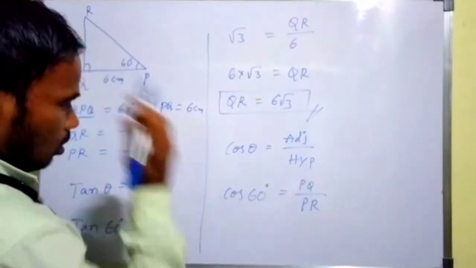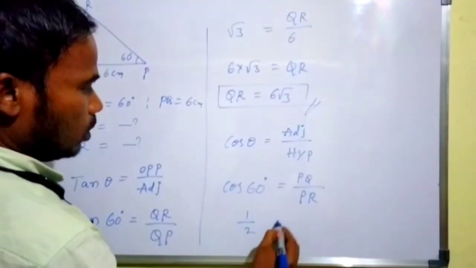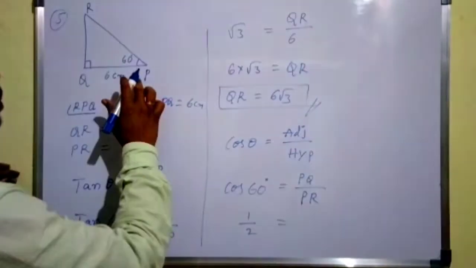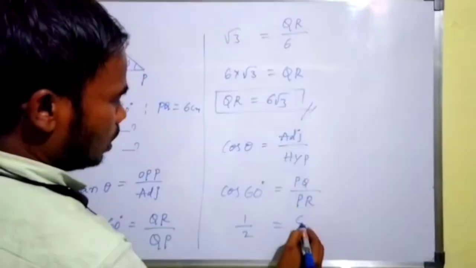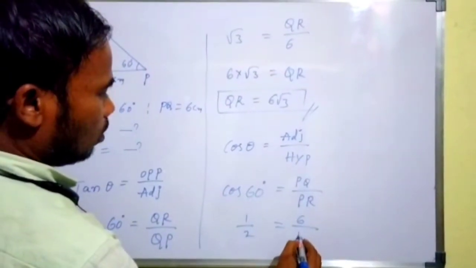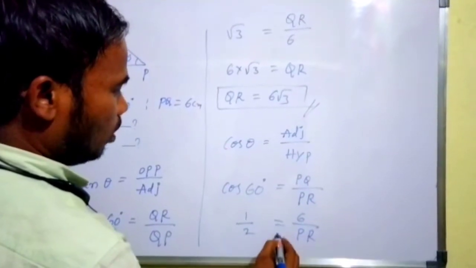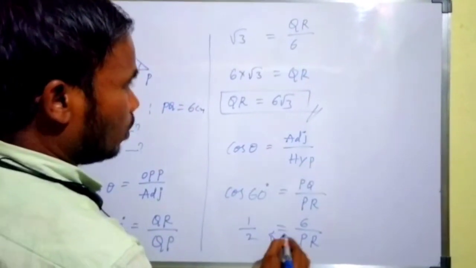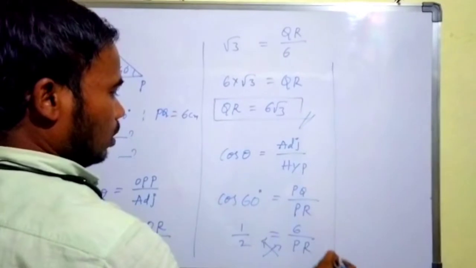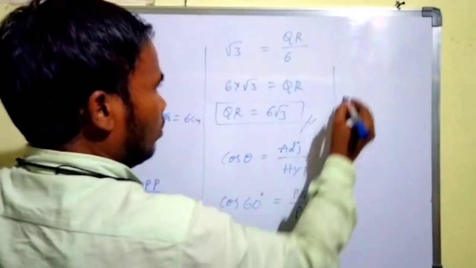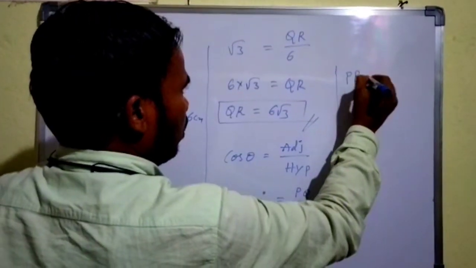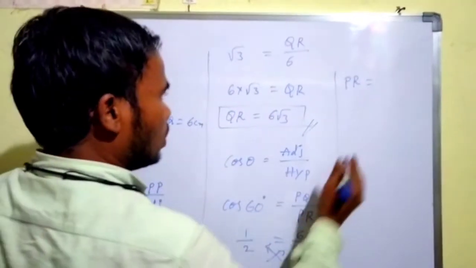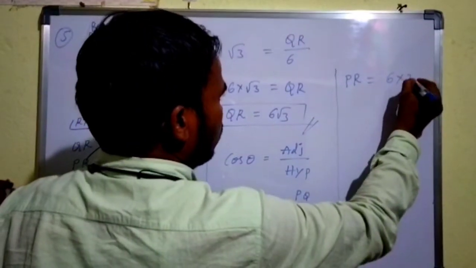Cos 60 is equal to 1 by 2. PQ is equal to 6 centimeter, and we are finding PR. Cross multiplication: PR into 1, PR is equal to 2 into 6.